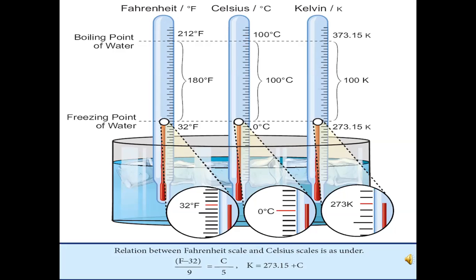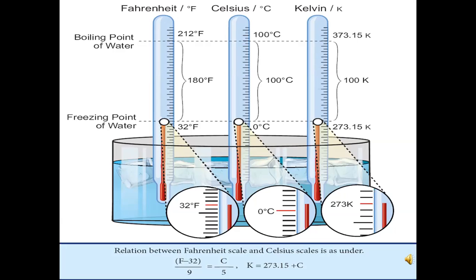(F minus 32) by 9, F denoted as Fahrenheit, equal to C by 5. 32 is the starting point of Fahrenheit, C denoted as Celsius, degree Celsius. So (F minus 32) by 9 equal to C by 5.